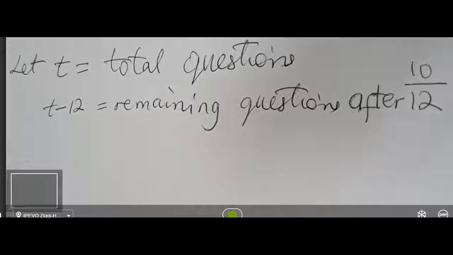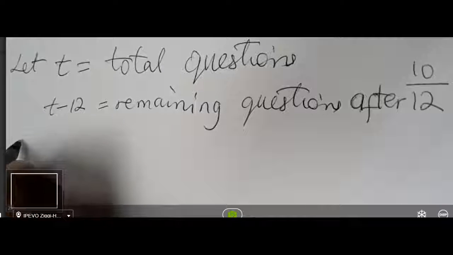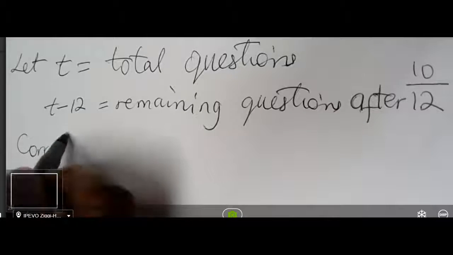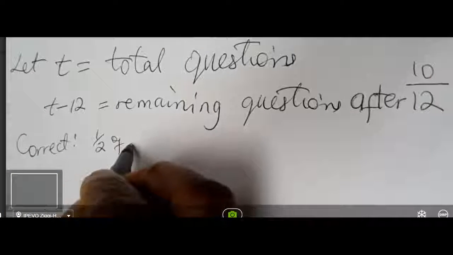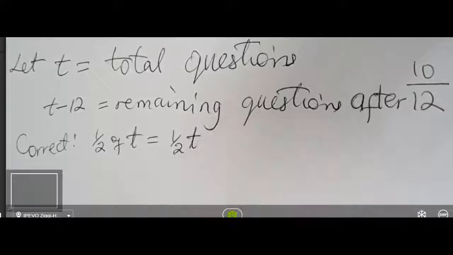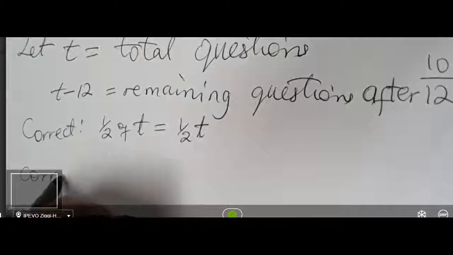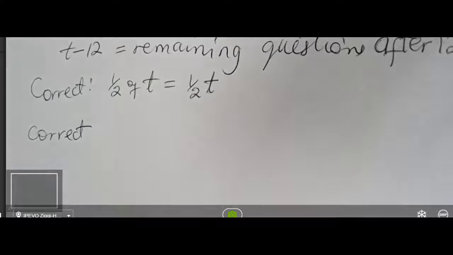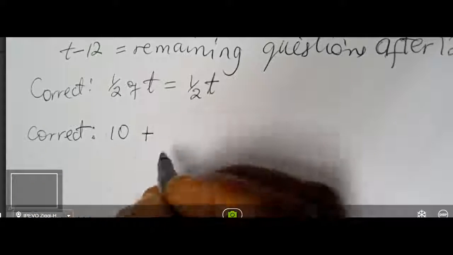Okay, we know that the student got 1/2 of the total questions correct. So the number he got correct is 1/2 of T, which is the same thing as 1/2 T. Okay, then this is of the total questions, but we know he also got 10 correct, plus he got 1/4 of the remaining.